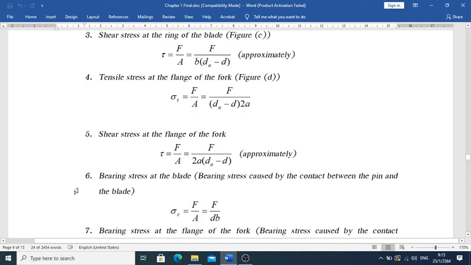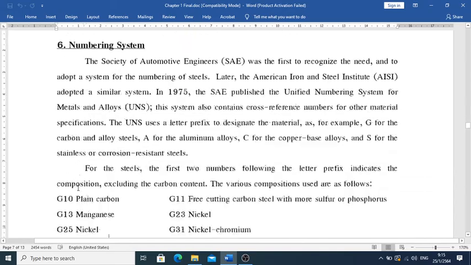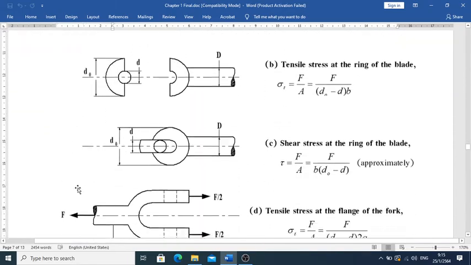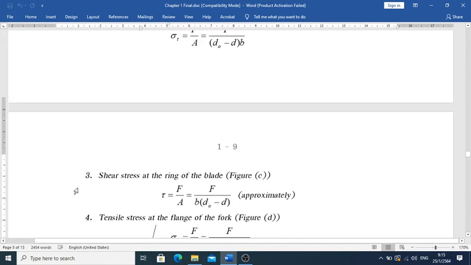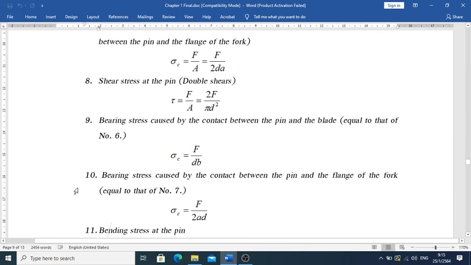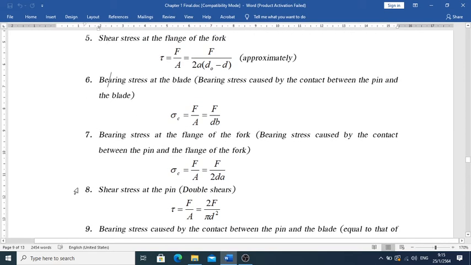Number 6 is the bearing stress. Number 7, another bearing stress on the blade, and the bearing stress at the flank of the fork.